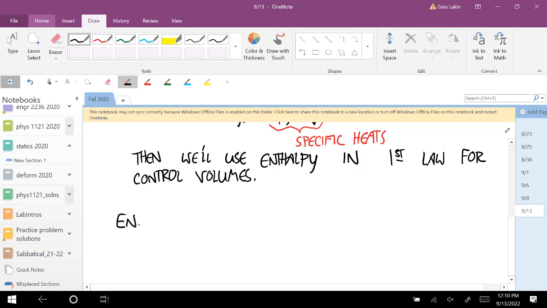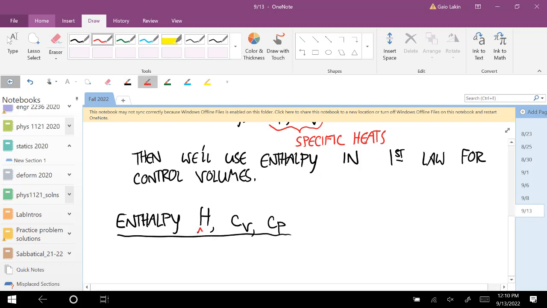Okay, so first I'm going to introduce enthalpy. It's capital H. And the specific heats, C sub V and C sub P. Enthalpy is a property.